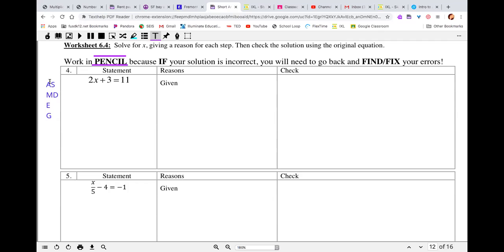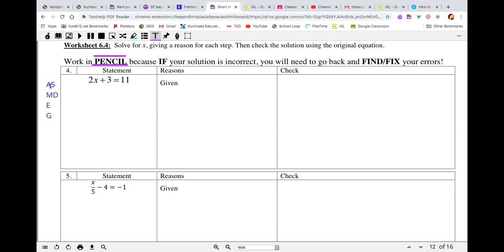Okay, wait, I hear you're going really fast. Are you on your phone? Okay, is the screen tiny? Okay. Can you see over here where it says A, S, M, D, E, and G? On the left on the side? Yes. Okay, so I'm looking at AS.